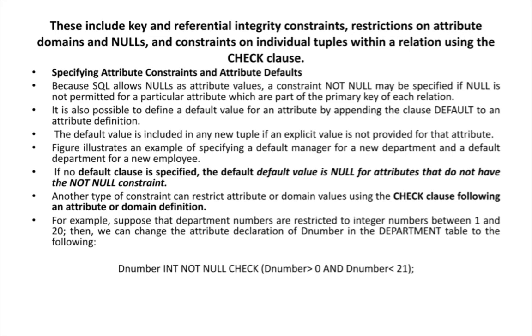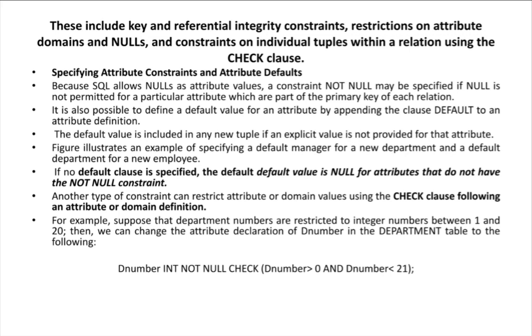They may include key constraint, referential integrity constraint, not null constraints, and you can specify constraints using check clause also. So these are the different varieties. I will explain these different varieties of constraints in detail now.